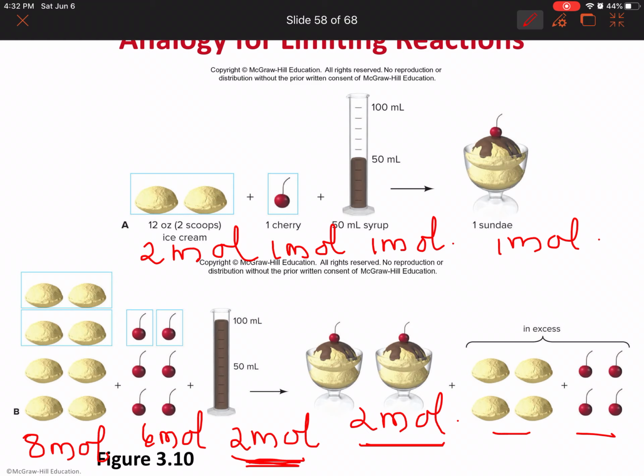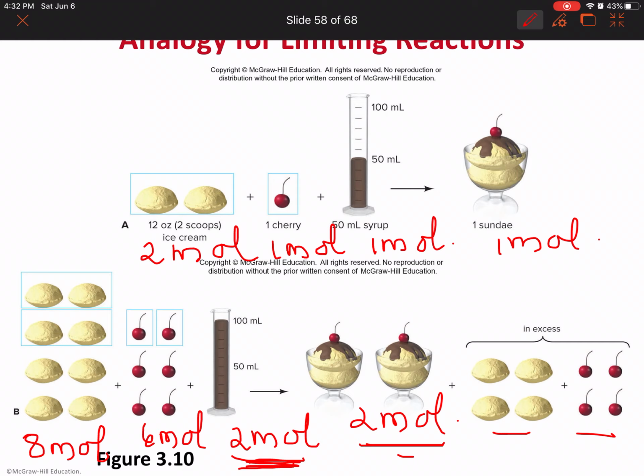Did you get the concept? Yes. So if you are given a certain number of reactant moles, and you can find out the least number of moles present, that would be the same amount of moles that the product is also going to form. Okay, that is the concept of the limiting reactant.